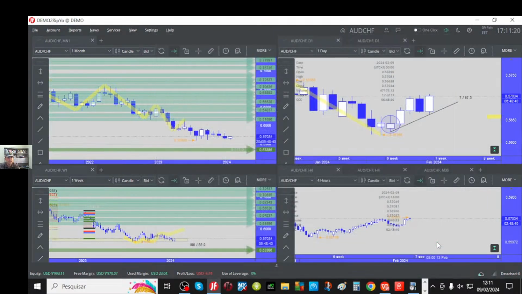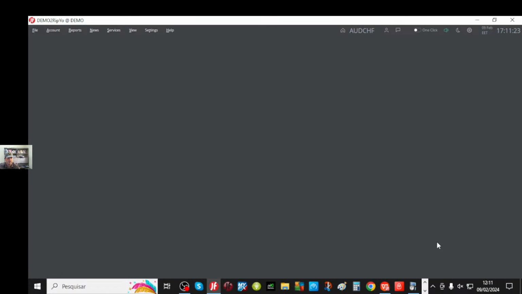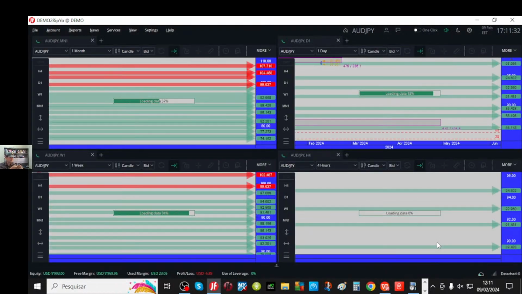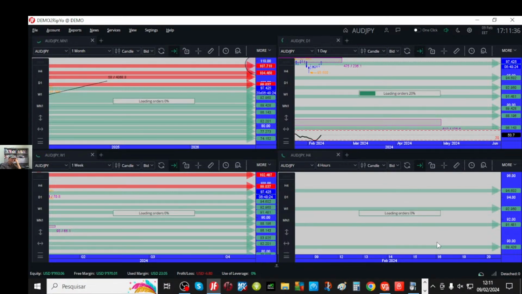AUD JPY. Give it a second. AUD JPY, give it a second.